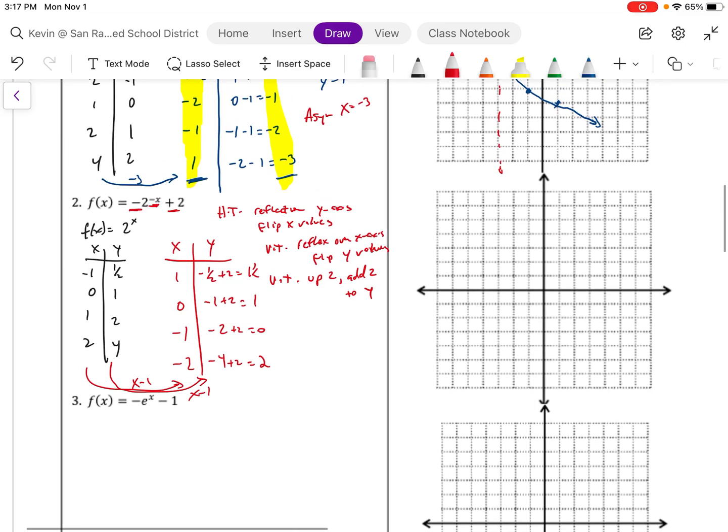Okay, we can now graph. These are the points that we're going to graph. Here are our new x values off of our parent, and these are our new y values. When x is 0, this is 1.